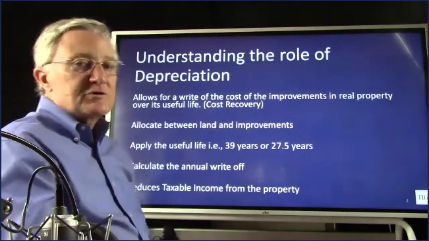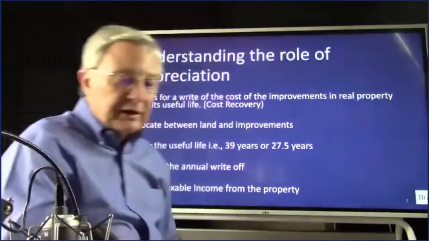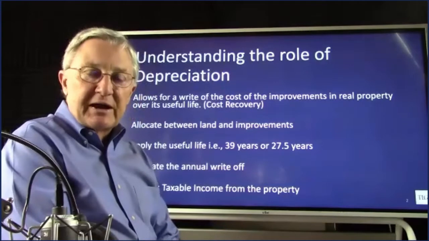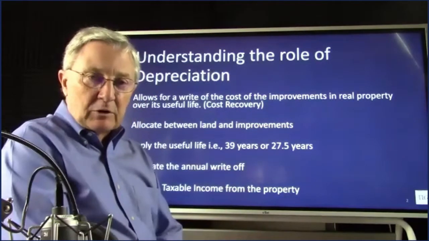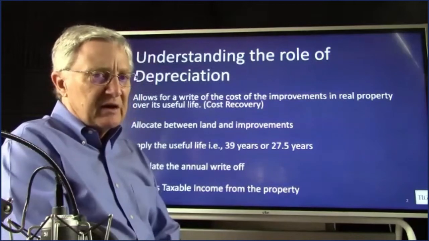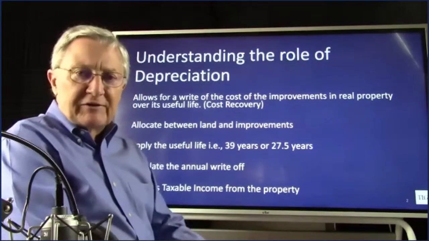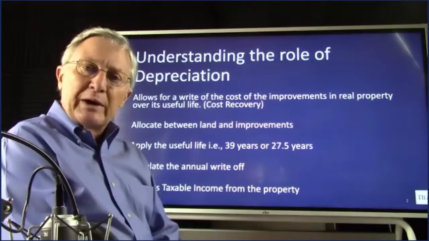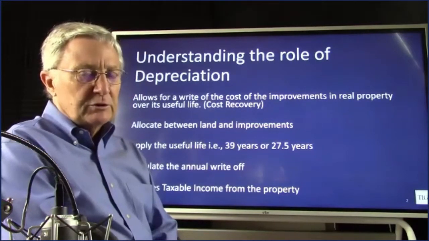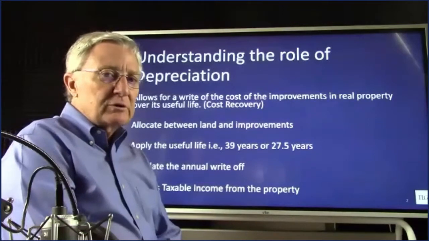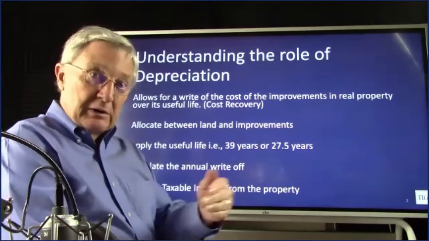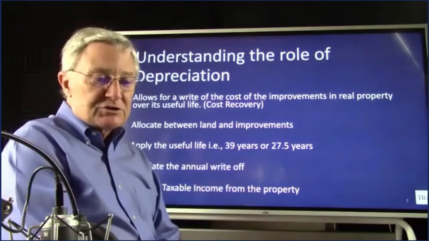There are two useful lives in real estate today, really. There's 39 years or there's 27 and a half years. I'll talk about those in a minute. 39 is for commercial and 27 and a half is for residential. They figure that residential properties will wear out faster and lose their ability to produce revenue faster, so they give it a little shorter life, which means you get more cost recovery sooner.